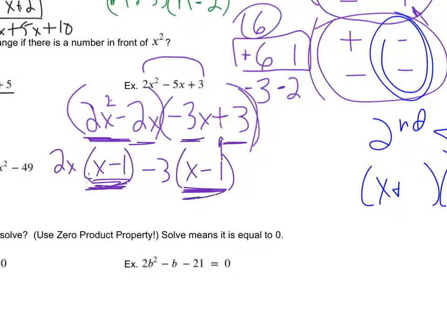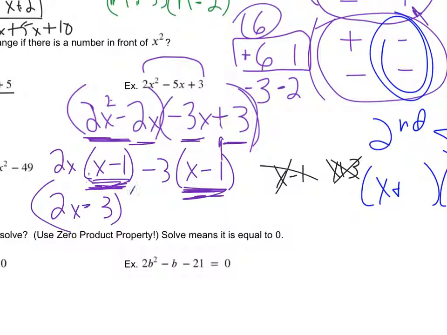If these two are not exactly the same, like if one was x minus 1 and the other one was x plus 3, I can't put that together. Since these are the same, now I can. I get 2x minus 3 times x minus 1. There's my factored answer.